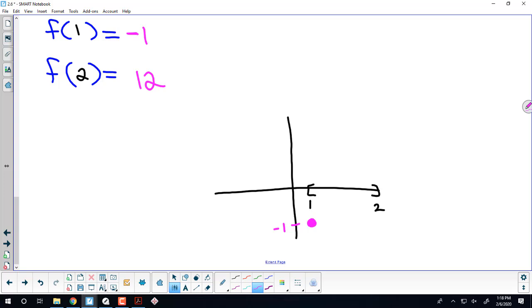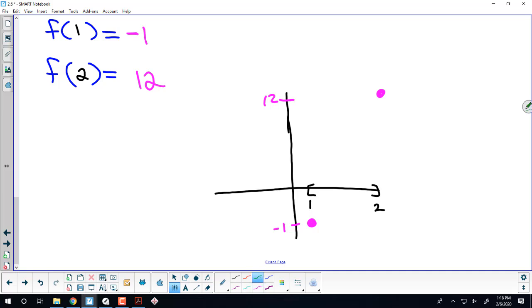And f of 2 gave us 12, somewhere up here, not to scale. So we know our function definitely has those two points. More importantly, we know that in between, the function is continuous, which means we can connect these two points without ever having to pick up our pen.